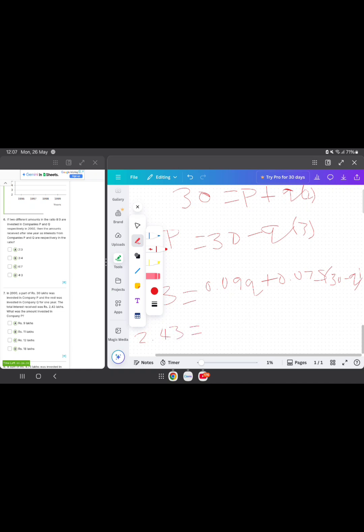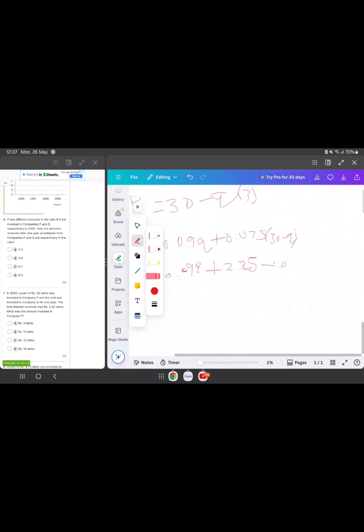Then on this side we have 0.09 Q plus 0.075 times 30, which gives us 2.25, and minus 0.075 Q.